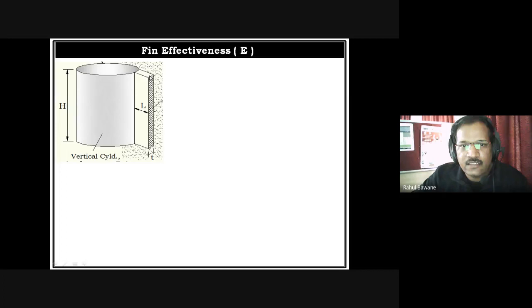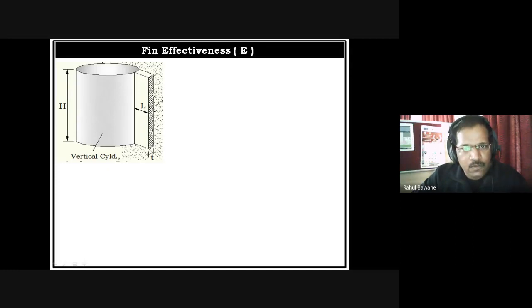So by adding a fin, there are two phenomena. Convection resistance is reduced, by virtue of which heat transfer rate should be increased. But at the same time, with the addition of extra material, thermal resistance is increased. If thermal resistance is increased, heat transfer by conduction will reduce.